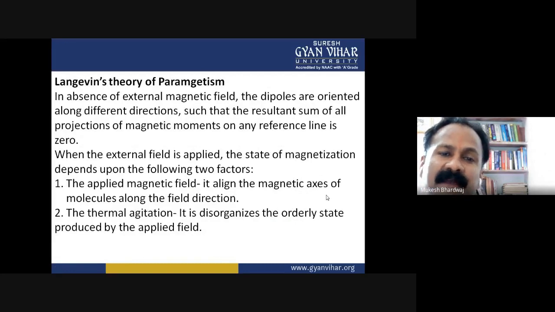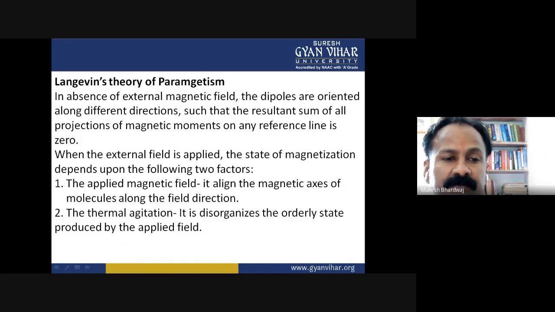Langevin's theory of paramagnetism. In the absence of an external magnetic field, the dipoles are oriented along different directions such that the resultant sum of all projections of magnetic moments on any reference line is zero. When the external field is applied, the state of magnetization depends upon two factors.